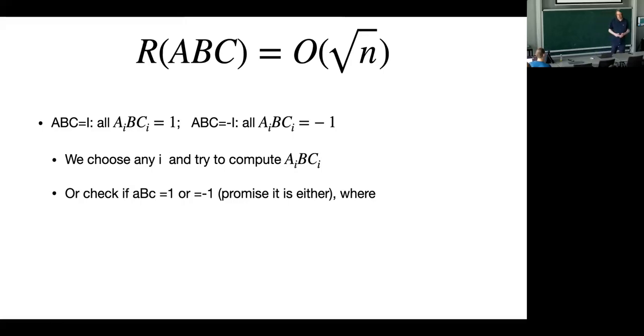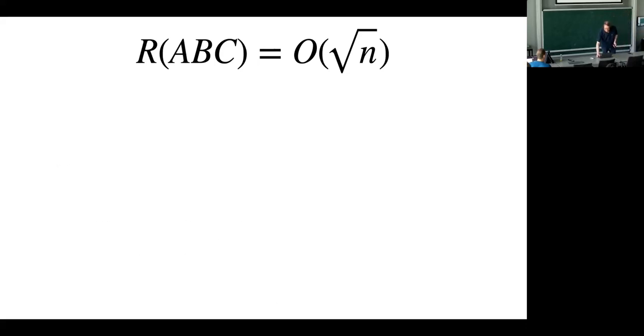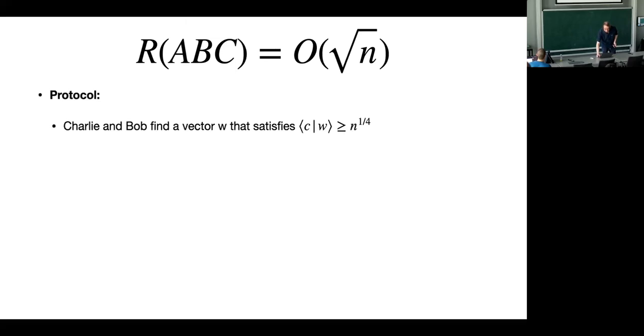go to a somewhat different problem that I call the little ABC problem, where you have 2 vectors from the sphere and an orthogonal matrix, and you get the promise that its inner product is either 1 or minus 1, and you want to decide that. And we have a protocol for that, and the protocol has 2 phases. Charlie and Bob have a lot of shared public coin. These are just random vectors from the sphere, chosen independent of the input.